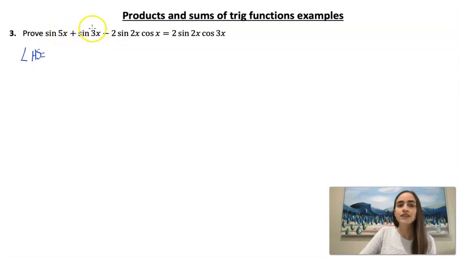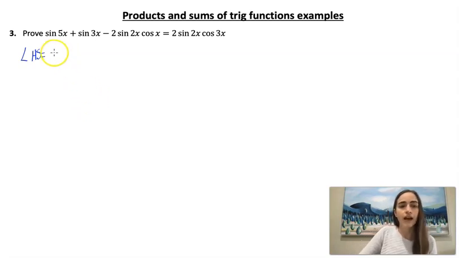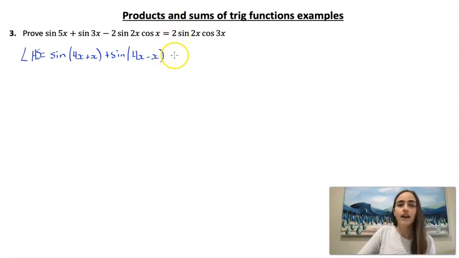So that 5x and 3x, we could get both of those using a 4x and an x. So I'm going to rewrite them as sine of 4x plus x plus sine of 4x minus x to give us that 3x. And I've still got my minus 2 sine 2x cos x on the end as well.